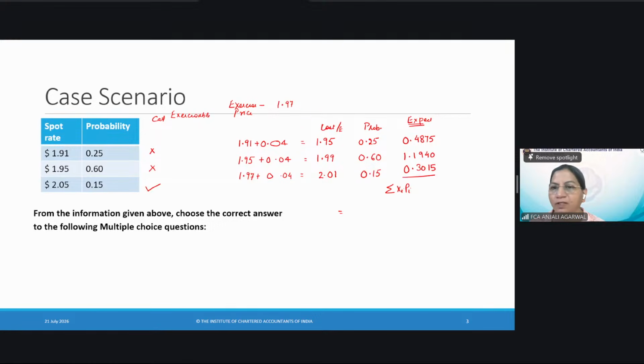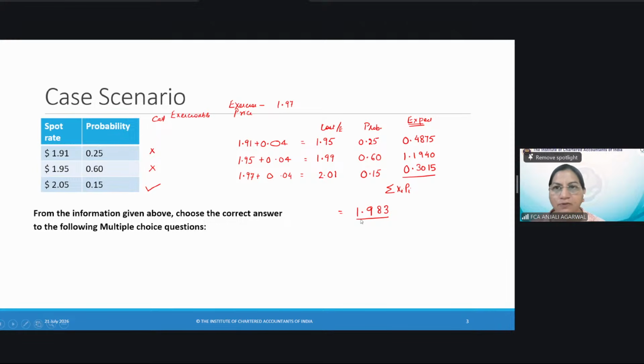So if you add all the three, you will end up getting the cost of 1 pound in terms of dollars when the call option is exercised or not. So the expected price at call option is 1.983.